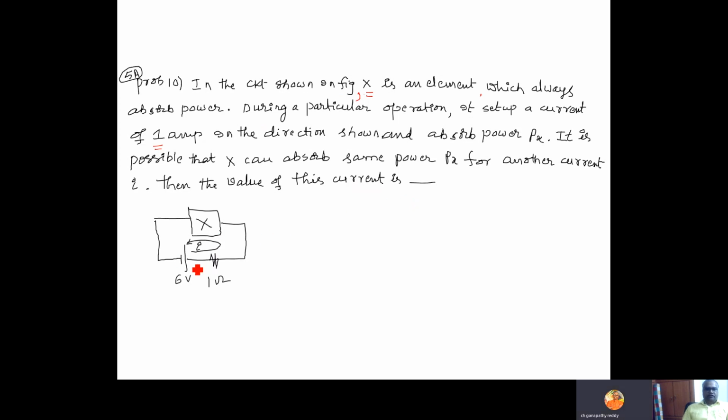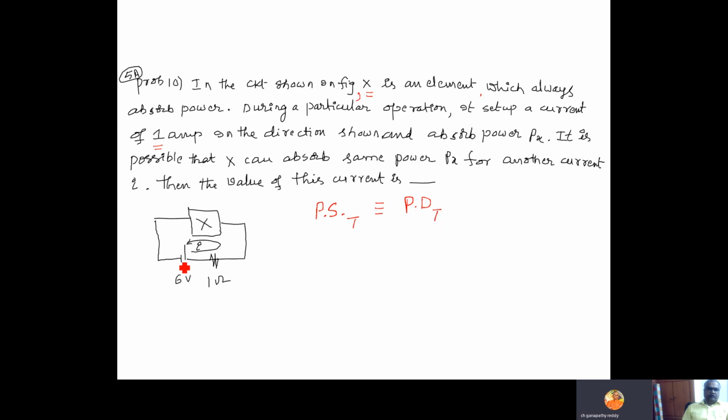Now if I write the mesh equation, power supplied is equal to total power dissipated, as per the law.